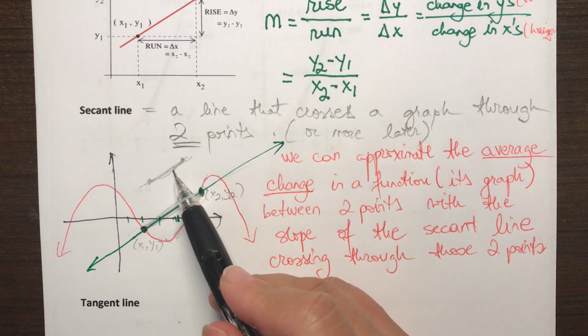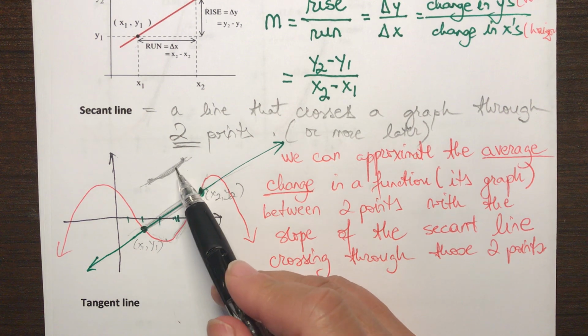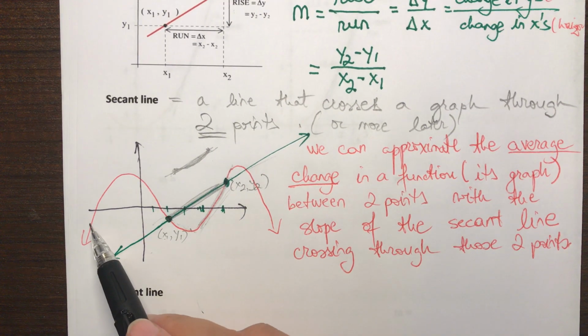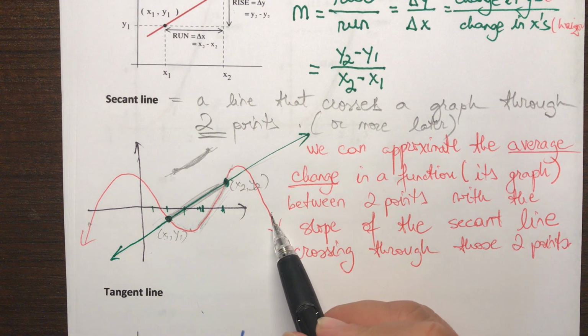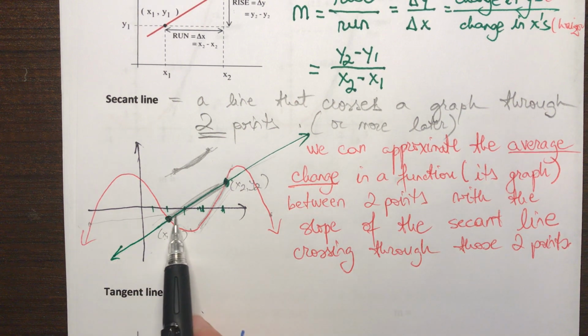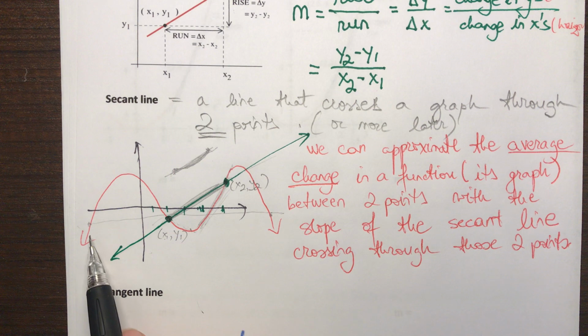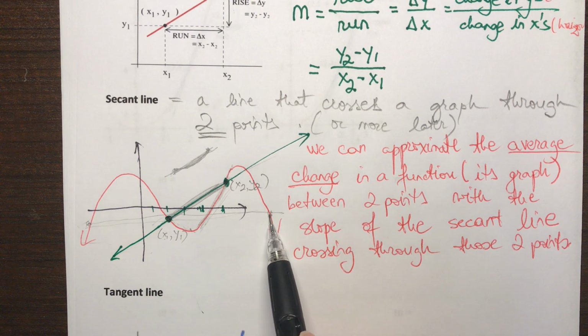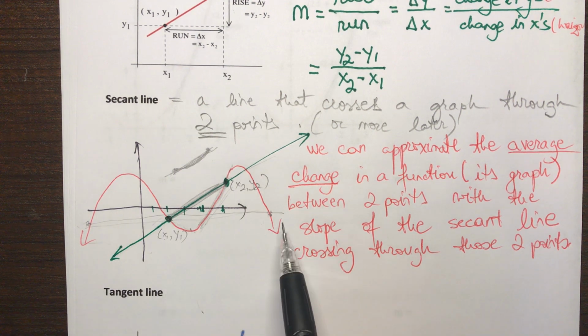And again, if your graph doesn't have to be a line, but maybe it's almost looking linear, then that's a good approximation. Now, if I want to figure out what happens between this and this year, and I'm figuring this out with a secant line, so I'm connecting these points with a line, that's a secant line. Again, is this going to give me a picture of what happened in between?